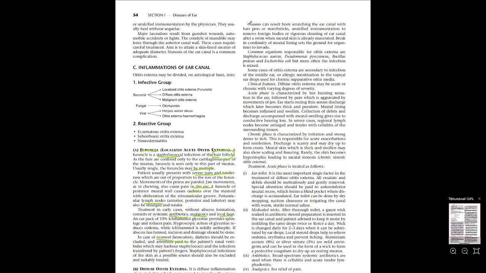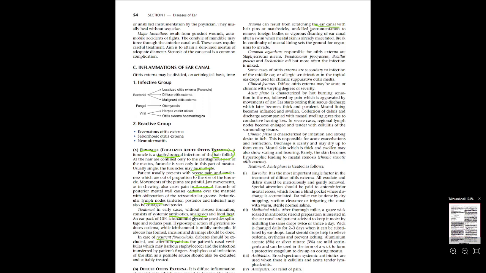First of all, trauma can result from scratching the ear with your nail, or a hairpin, or matchsticks, or unskilled instrumentation, which should not be done by an unskilled person. You should not be cleaning your ears by yourself.